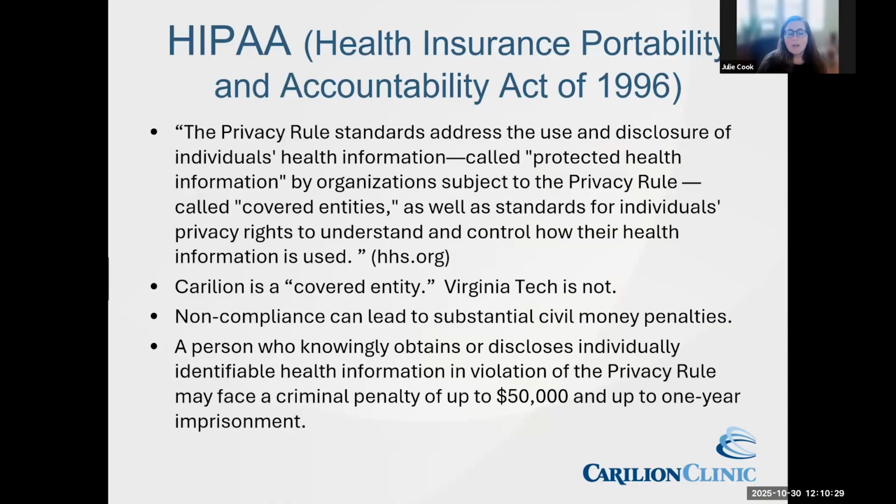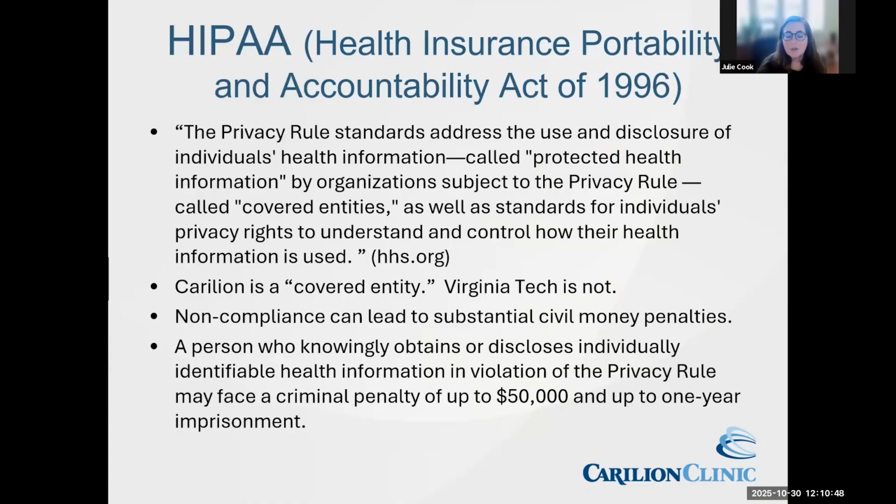It is important to know that non-compliance with regulations, particularly HIPAA, can lead to substantial civil financial penalties for the institution. But it isn't just the institution that can be subject to those penalties.